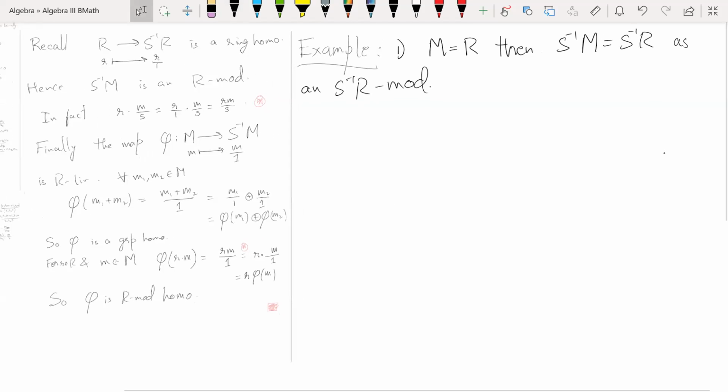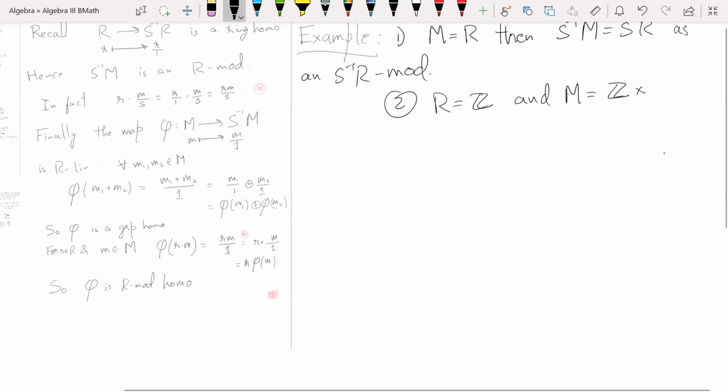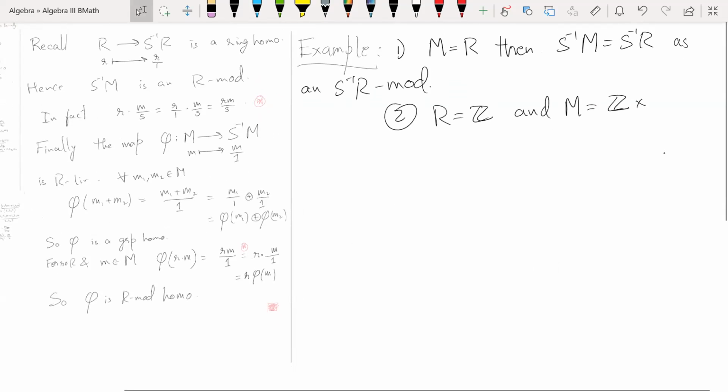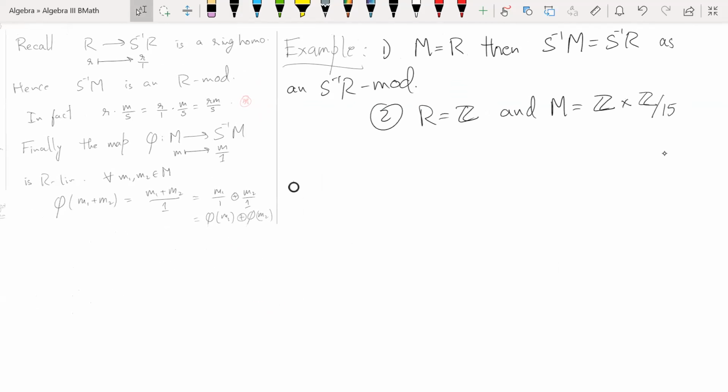Now, secondly, in this example R equals Z, let's take M to be Z mod 15Z. This is our module, and take S to be some multiplicative set.